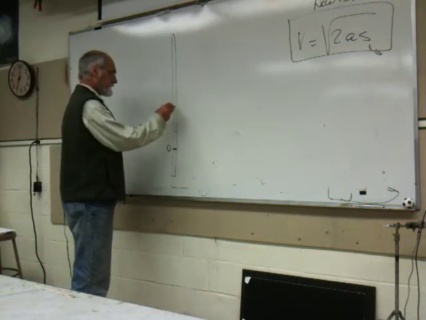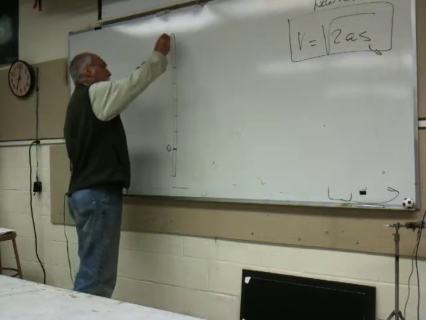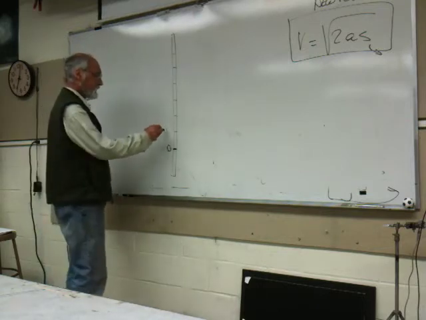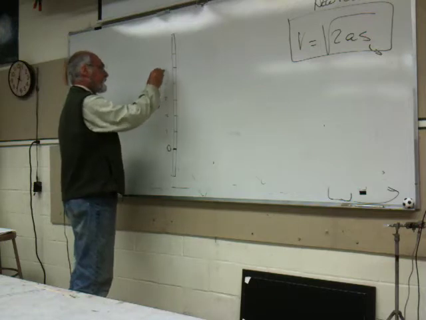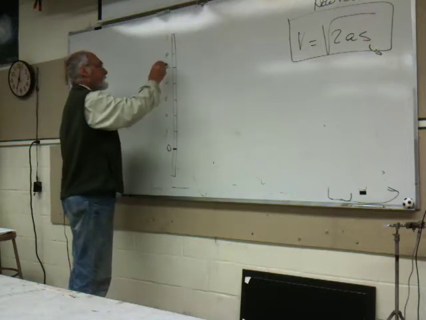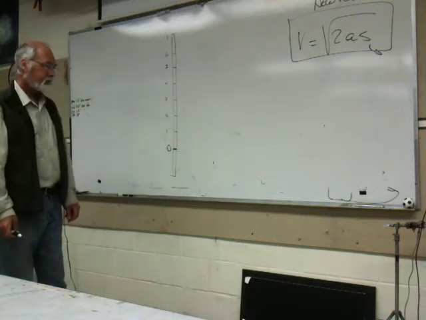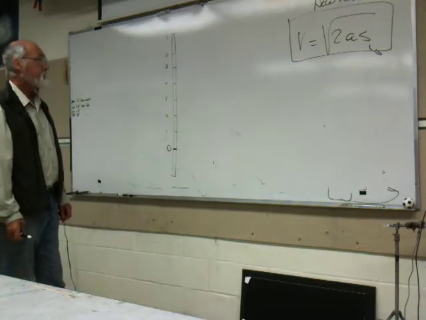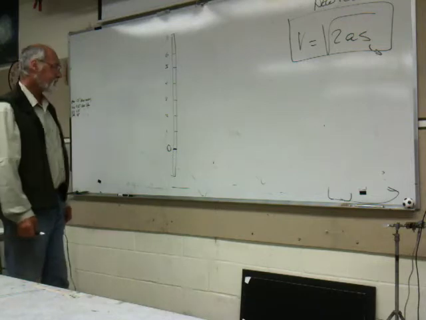And then there are the other markers here. What do we have? 1, 2, 3, 4, 5, 6, 7. Maybe you can only fit in 6 feet. I don't remember.